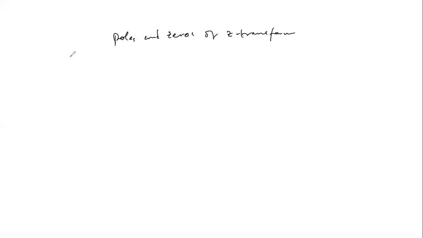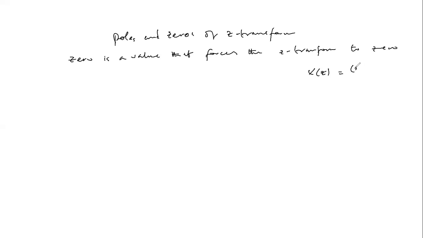So here you note that the zero is a value that forces the Z transform to 0, because we have S of Z is the same as Z1 minus K1, Z2 minus K2, for instance, all the way to Zn minus Kn over the roots P1 minus L1, P2 minus L2, all the way to Pn minus Ln.